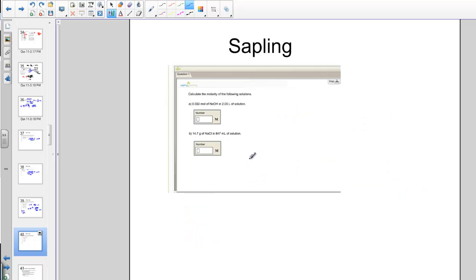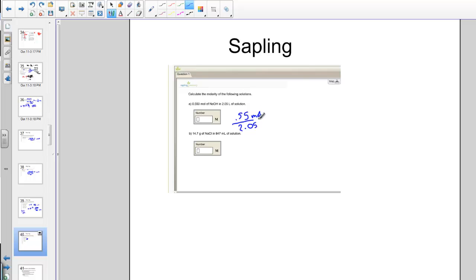Again, calculating the molarity. This is a straightforward calculation, moles per liter. Here we have a little more work to do where we have to turn grams into moles and then divide by 0.847. I'll let you try these two on your own. Same example exactly as the previous slide. First one, 0.55 moles of solute divided by 2.05 liters.